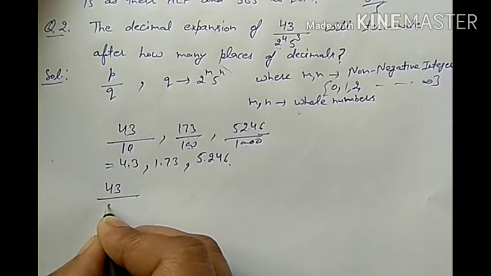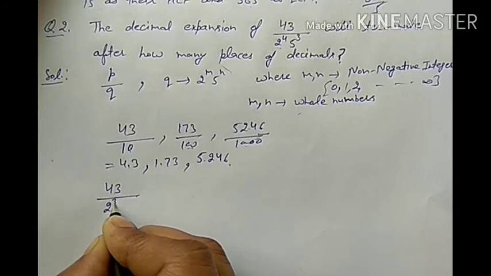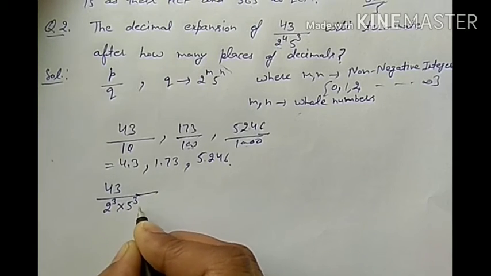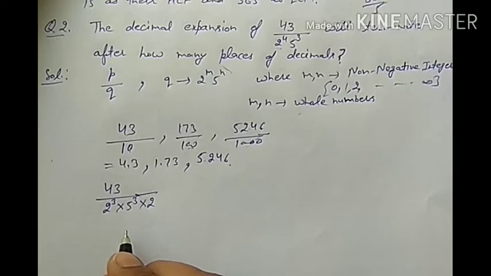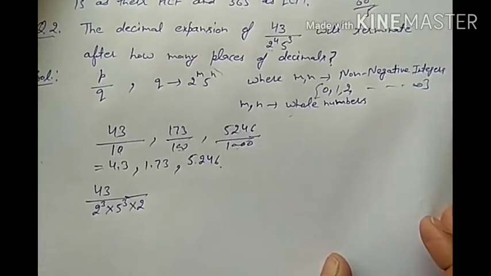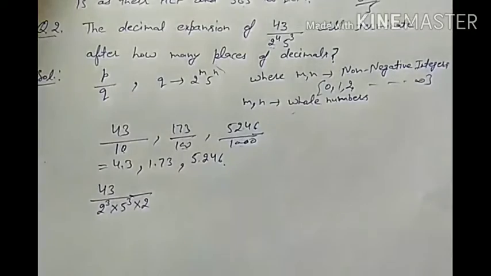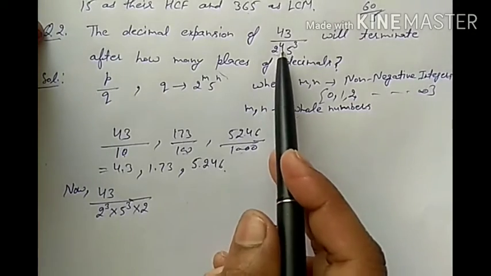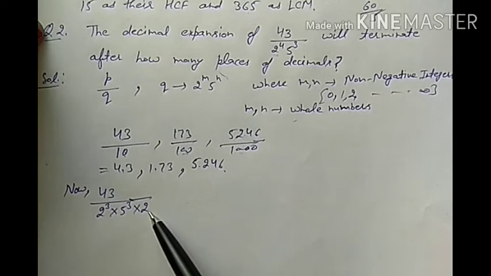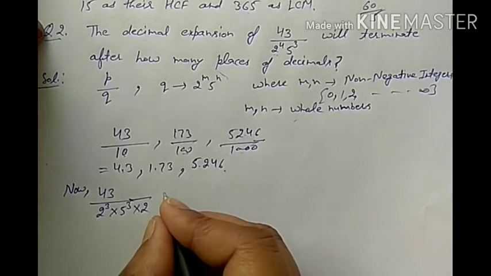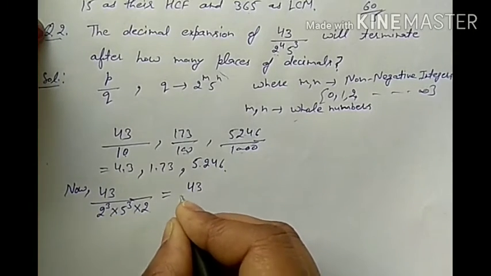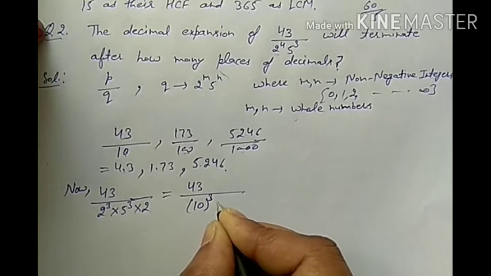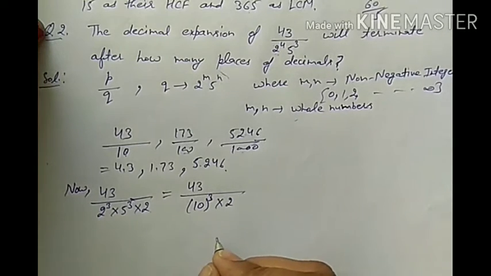I factorize 2 raised to power 4 as 2 raised to power 3 into 2. So we can write it as 43 by 10 raised to power 3 into 2.